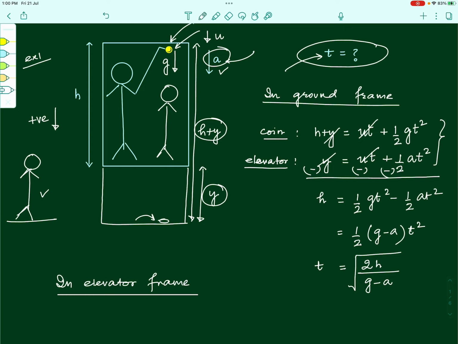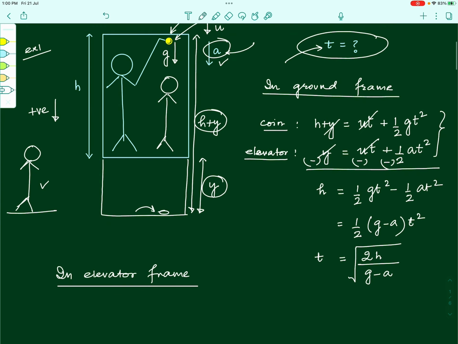From the elevator frame, that means when the elevator itself is at rest, right? This is how we define the frame of reference. The frame from which the body is being observed, that observer is always considered at rest. So, while the elevator itself is considered at rest, the velocity of the elevator goes to 0 and the acceleration of the elevator also goes to 0.